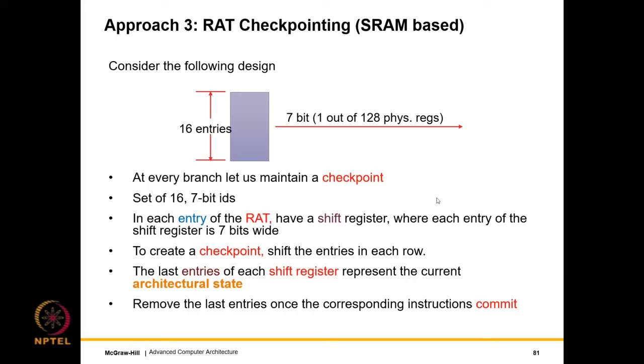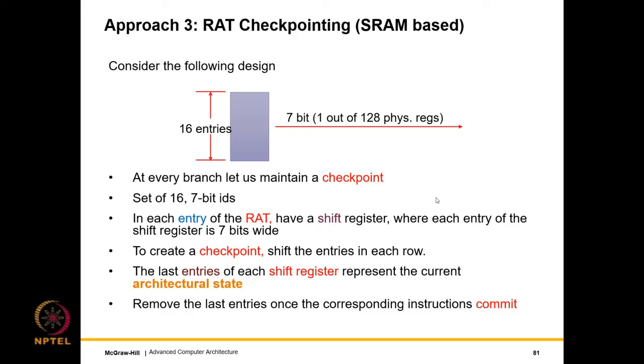So let us assume that at other points exceptions will not happen. Even if they do, we have some mechanism of ensuring that we pretty much record state only when we encounter a branch, right, or at other periodic points, but not for every instruction.